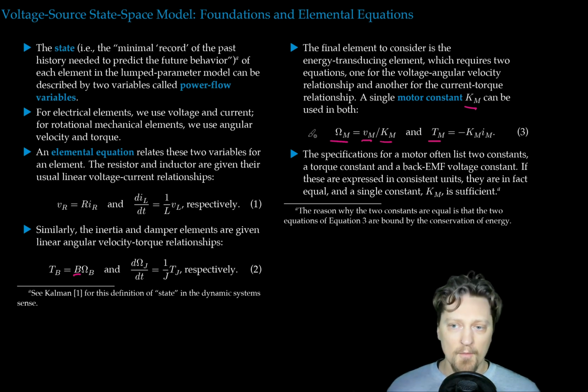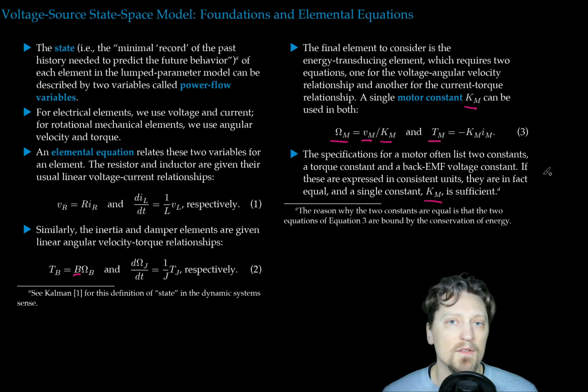The specifications of a motor often list two constants, a torque constant and a back EMF constant. If these are expressed in consistent units, they are in fact equal, and a single constant, Km, is sufficient.